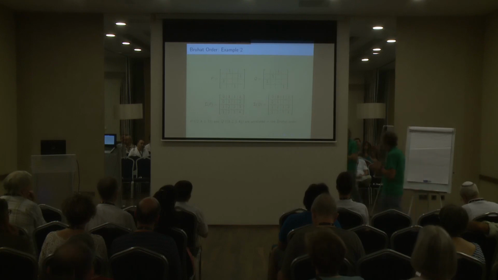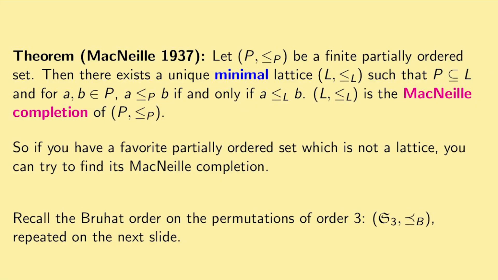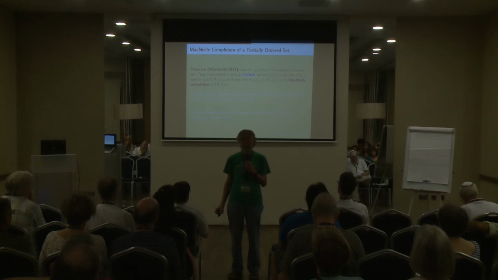Now there's a very wonderful theorem, I think, of MacNeille, back in 1937, that I learned about only 5 years ago, that says, it works for infinite sets as well, but let's take a finite partially ordered set, then there is a unique minimal completion of that partially ordered set to a lattice.